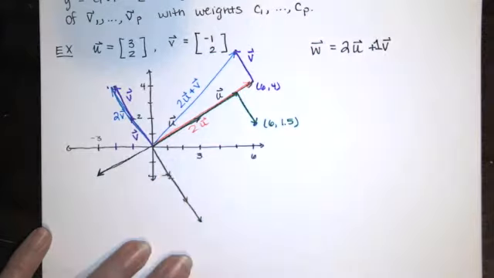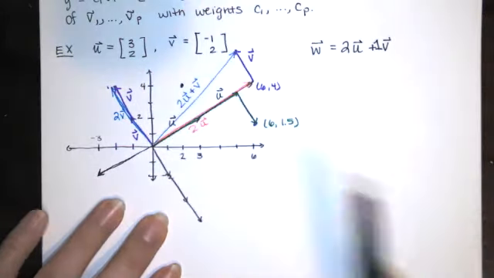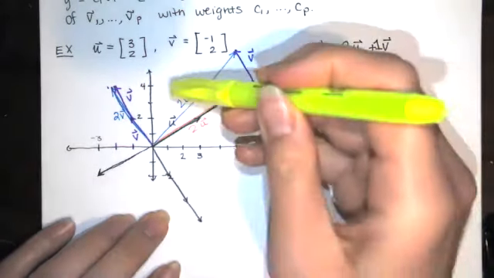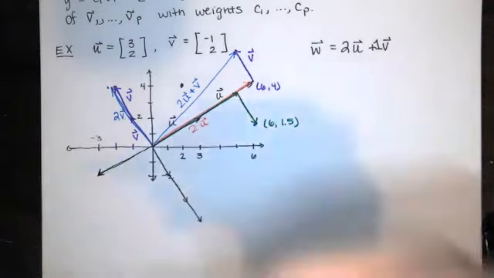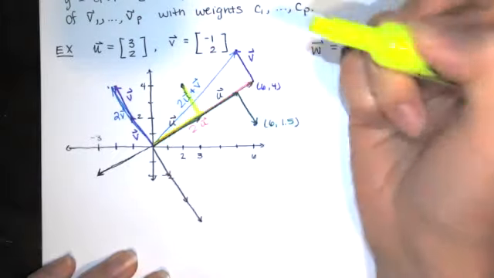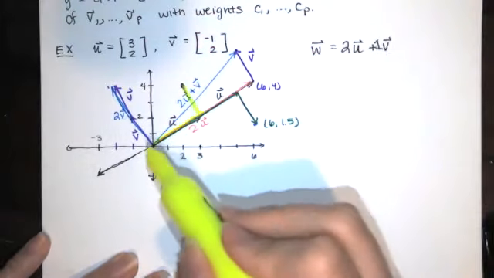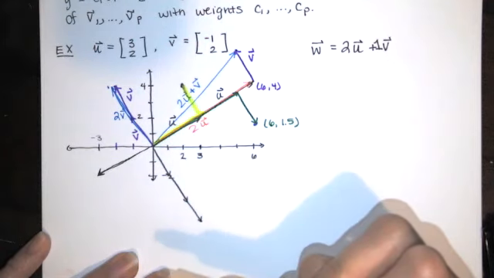But that's true for every location. Let's think about this one, x equals 2, y equals 4. You might say, how do I get there? Well, if I want to get there, I would have to go this far in the direction of u, and then this far in the direction of v. So it looks like it might just be u plus v that would get me over there.